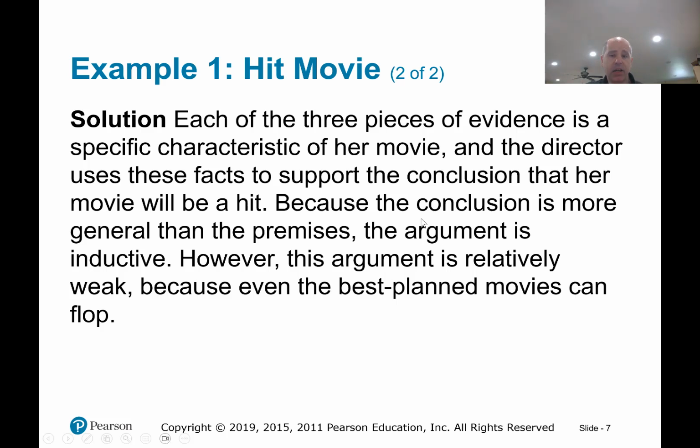Because the conclusion is more general than the premises, the argument is inductive. However, the argument is relatively weak because even the best planned movies can flop. We all know sequels that flop, movies that have big name actors that flop, and movies that have great marketing campaigns that still flop.